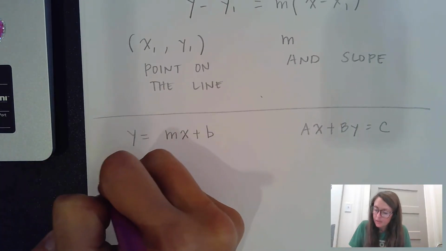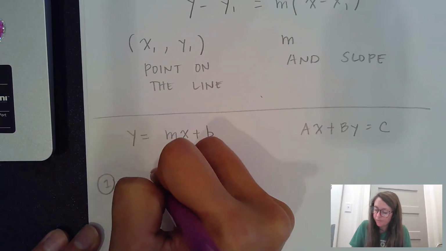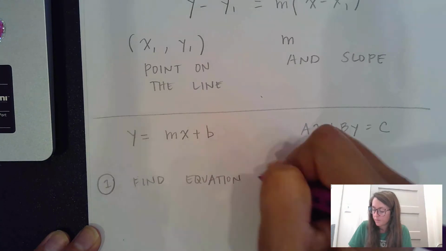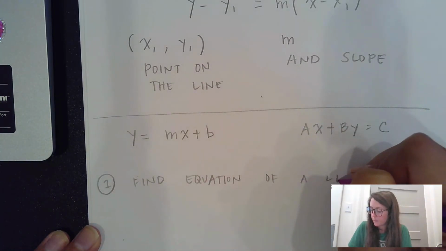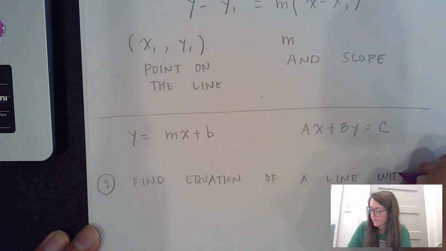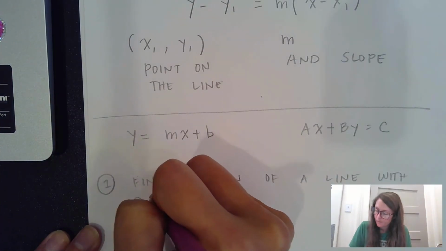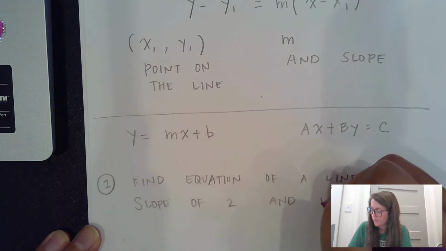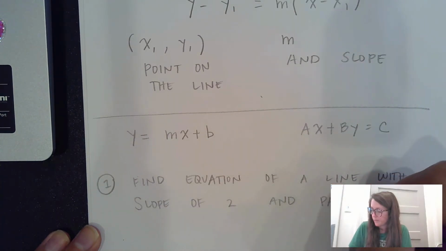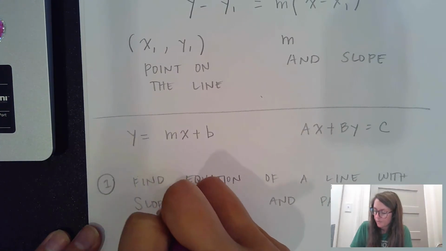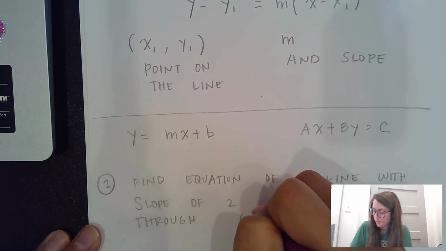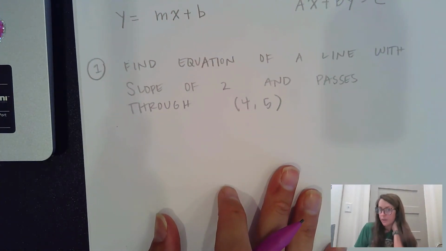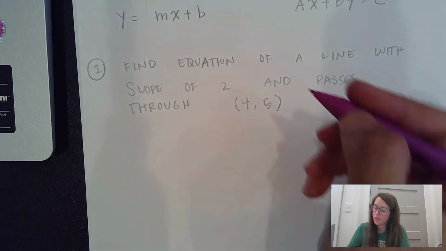Okay, so let's find an equation of a line. Find an equation of a line with slope of 2 that passes through the point 4, 5.